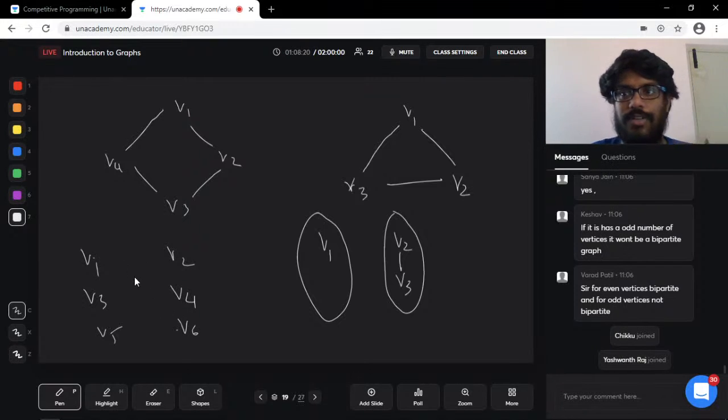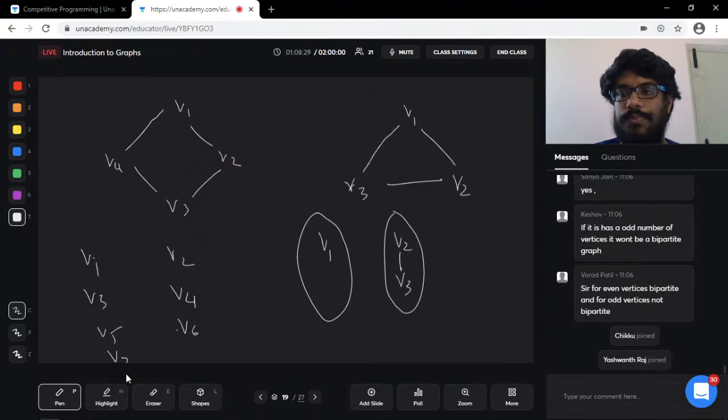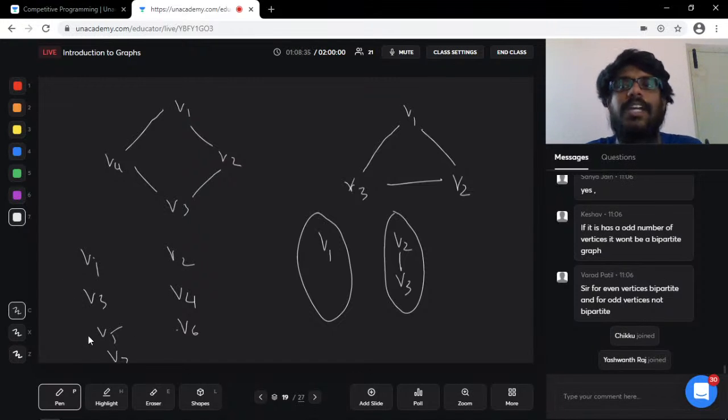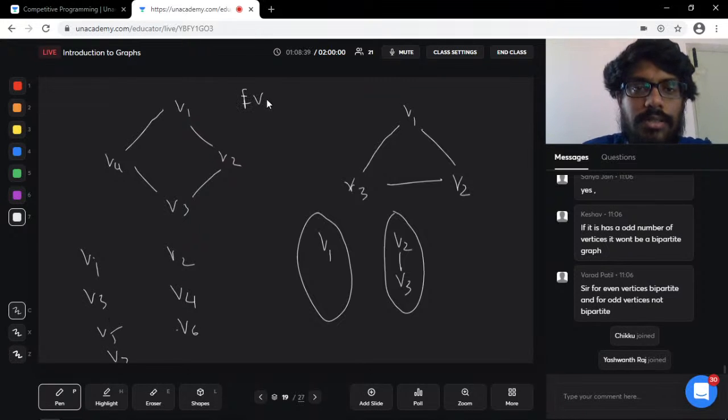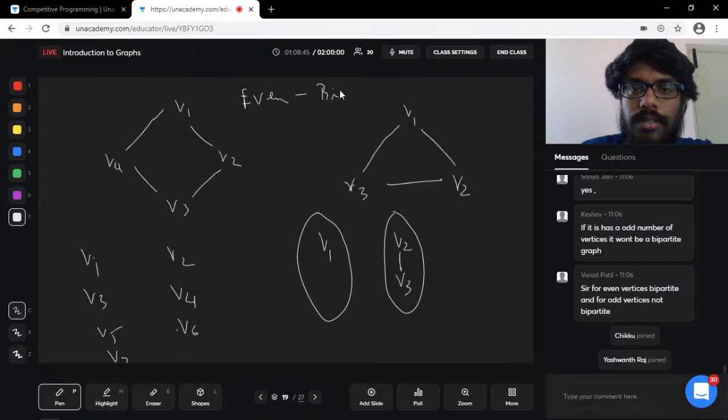So if it's an even number of vertices, my starting and ending are on different sides. So the final edge will go across and it's bipartite. But if I have one more, V7, now V1 and V7 are on the same side, so the edge will not make it bipartite. So even number of vertices, which is the same as edges as well, will be bipartite. Odd, not bipartite.